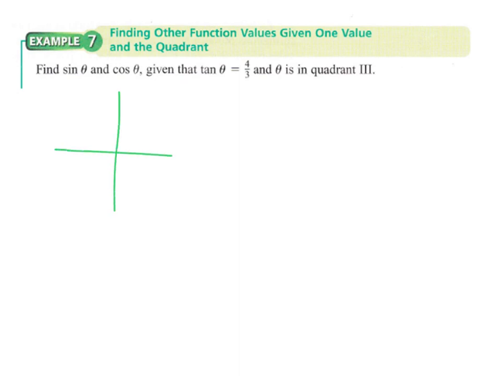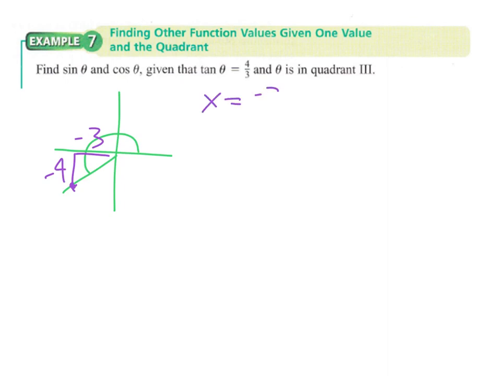So if my theta is in quadrant 3, it'd be somewhere down here. Tangent is 4/3. So if I draw my right triangle, then I know the tangent is y over x, so y would be negative 4, x would be negative 3.